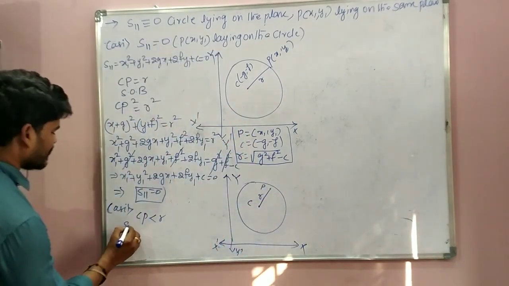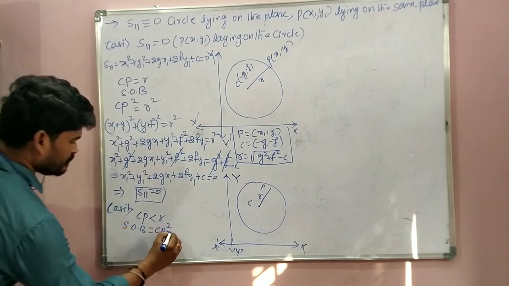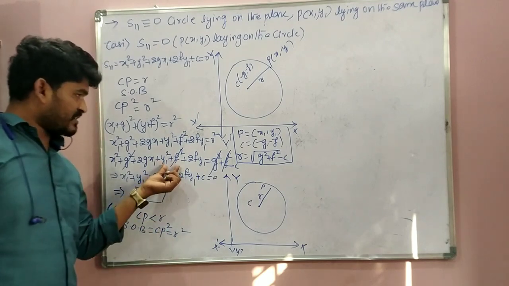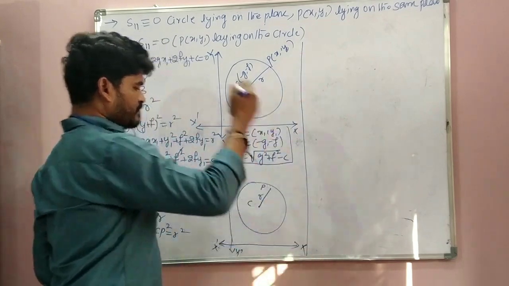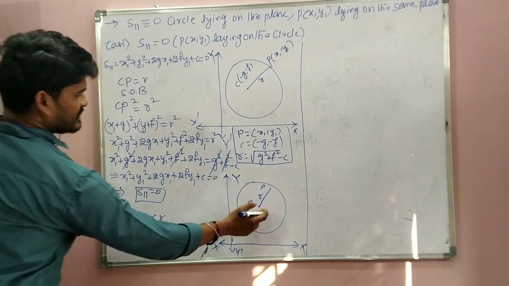Therefore, squaring on both sides, we get CP square is less than R square. Same way, we are substituting this here. Squaring on both sides, what is CP?